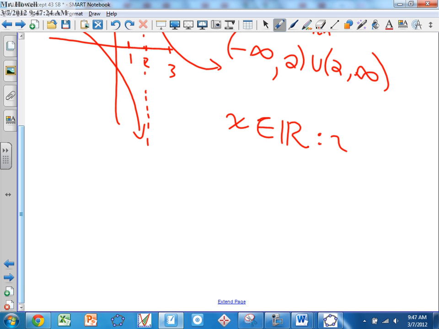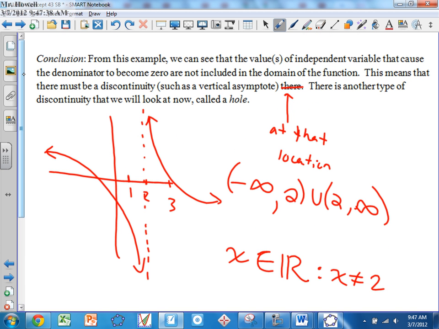It means x is all numbers that are real, so not imaginary, but it can't equal 2. I prefer the second way for myself because it's easier for me to remember, but you use this way a lot more in pre-calc and calculus. Okay?